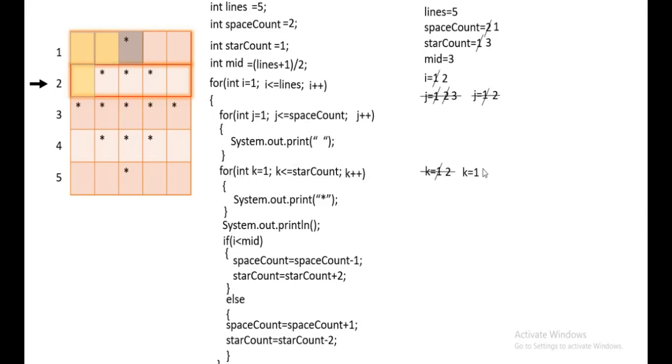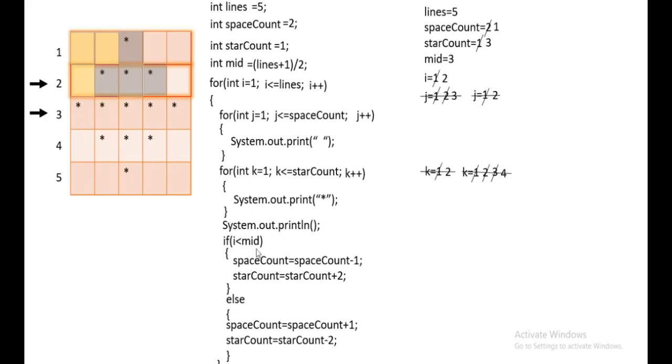Now k equals 1, 1 is less than or equal to 3, the condition is true, so print a star. Then k plus plus, k becomes 2, 2 is less than or equal to 3, so again print a star. Then k becomes 3, 3 is less than or equal to 3, print a star, then k becomes 4, but 4 is not less than or equal to 3, so end this for loop and print a new line.